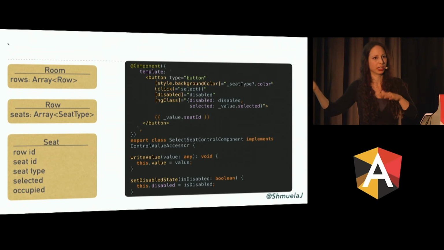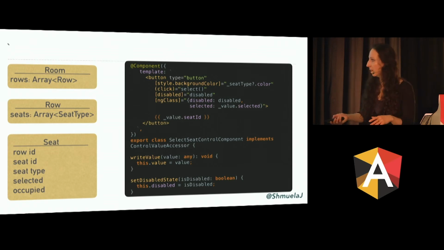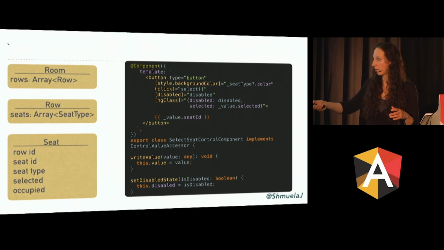By the way, I'm not showing how to do this with NgRx, which may be a good solution for that. So the value is composed of all of that. Well, not occupied, because we don't really need it. If the seat is occupied, we just disable it.